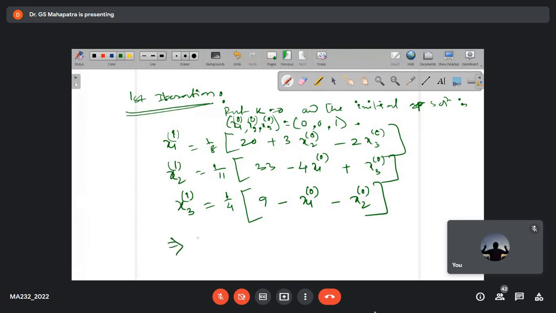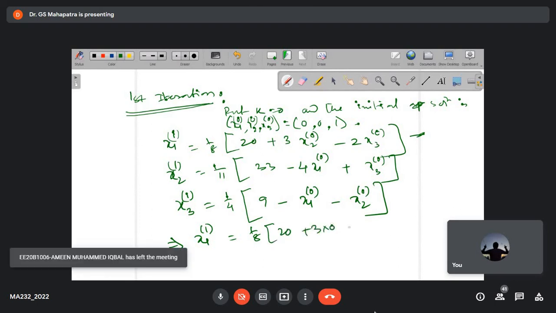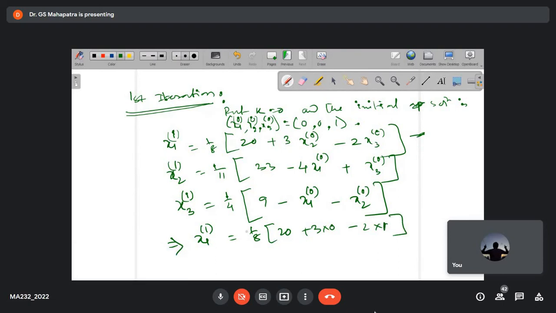So now x1 1. What is the answer? 1 by 8, 20 plus 3 into 0 minus 2 into 1. Correct. So this solution depends on your initial conditions. Now if you have considered 0, 0, 0, your answer will be different, and you should not be worried.